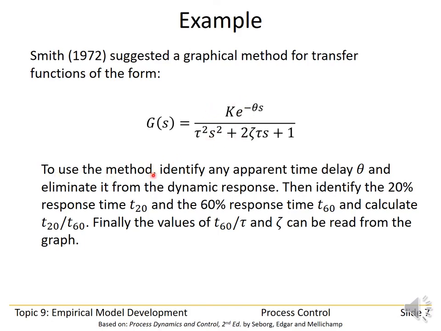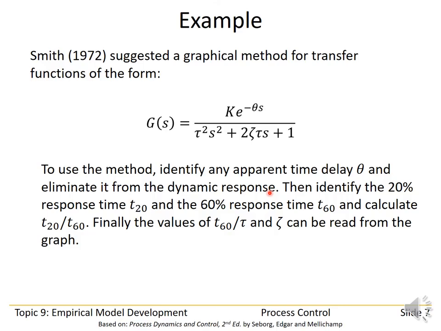To use the method, we first identify any apparent time delay, theta, and we eliminate that from the dynamic response. So we look at the graph, we see how much time delay we think is present, and then we remove that time delay.